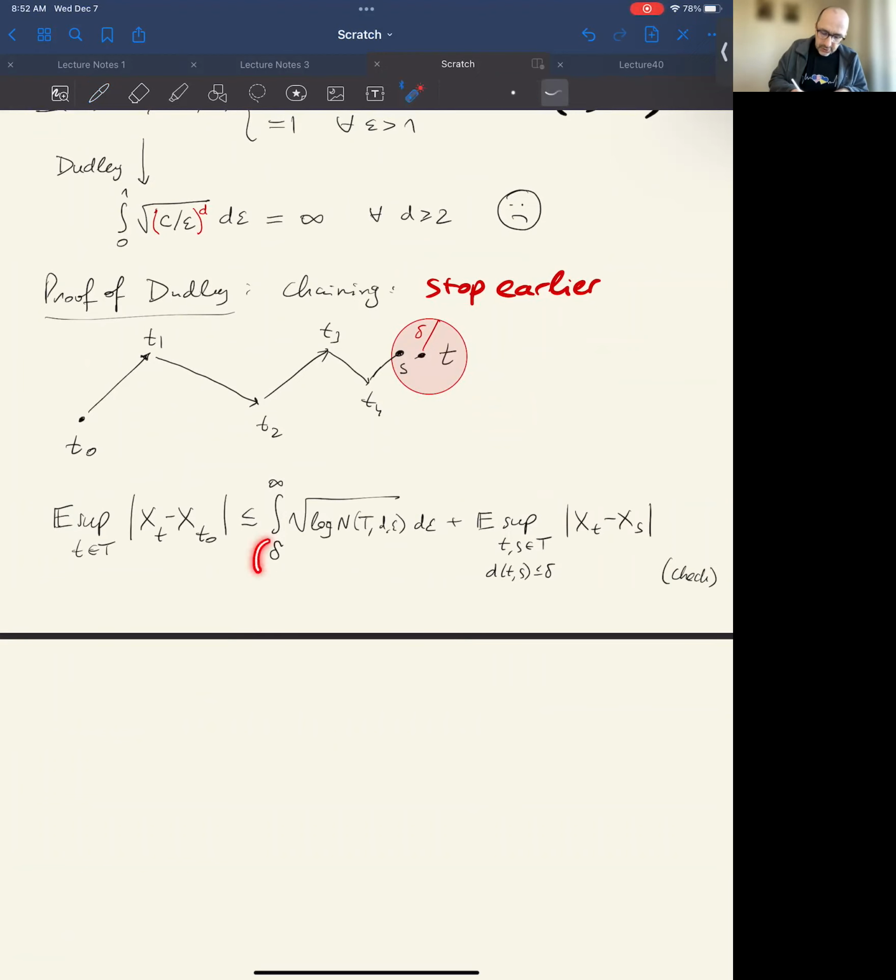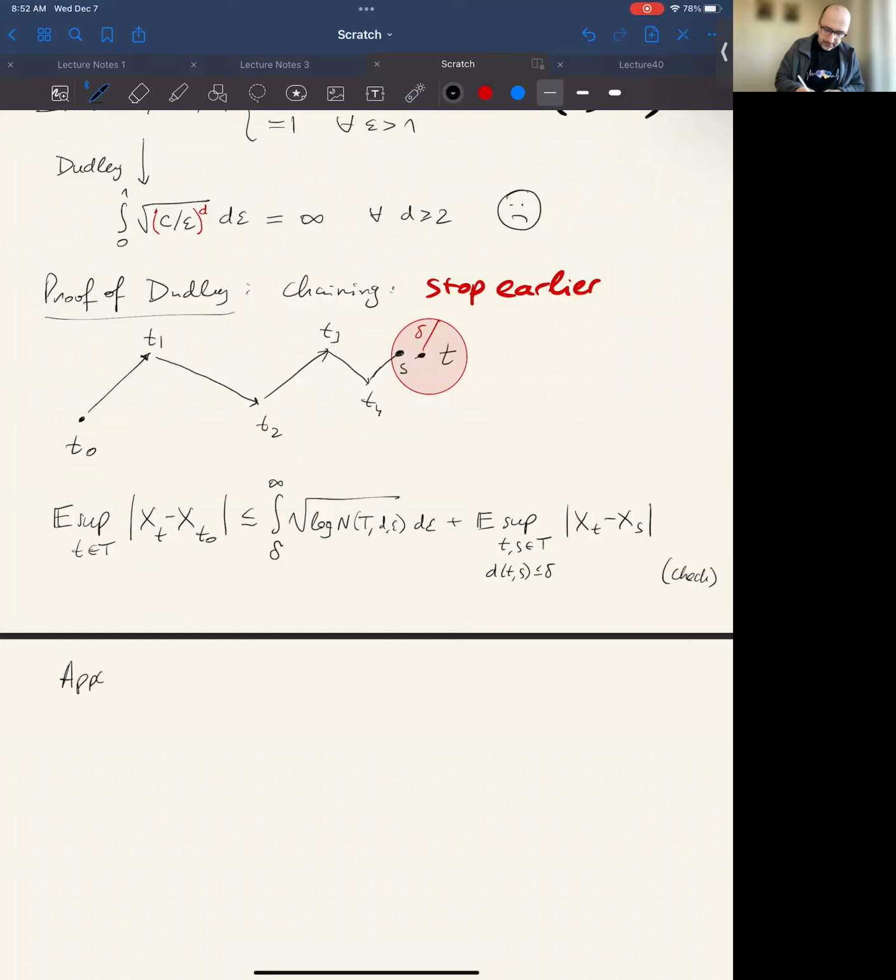The main advantage of this is to not go down to 0, because that will cause the divergence. What we pay for this is that we can't control anything. Previously, this was 0, but now we can't control anything that happens in this delta. All right. Okay, believable, guys? Yeah, if you do the proof, you'll see exactly what happens if you stop early.